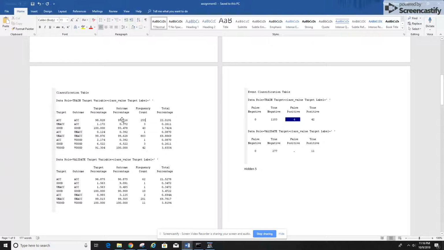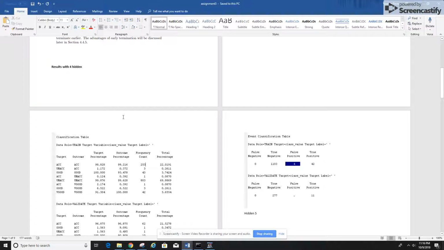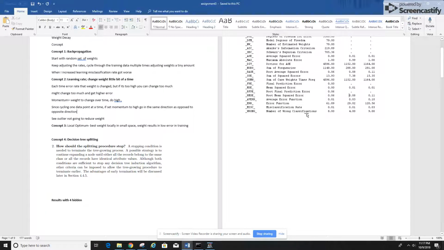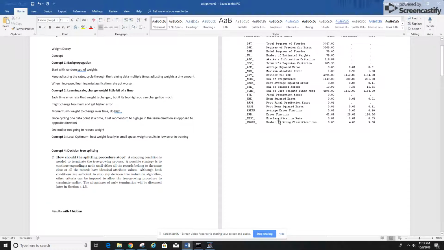So when I ran 4 hidden units, what that's doing is recalculating different weights to the same node inputs. So the more hidden layers I put, the more one input will be weighted. I noticed with my 4 hidden, I had a pretty good misclassification rate. It was pretty low.